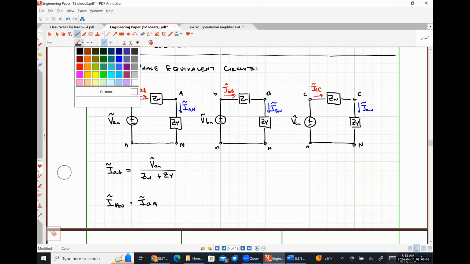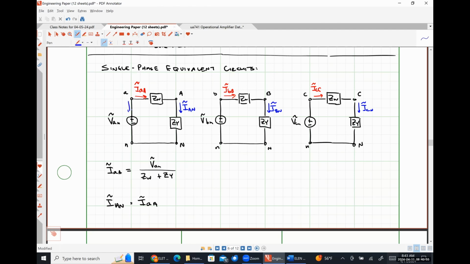What about our phase currents through our source? This is the one that's negative. So let's put it over here. That one's just negative IAA.